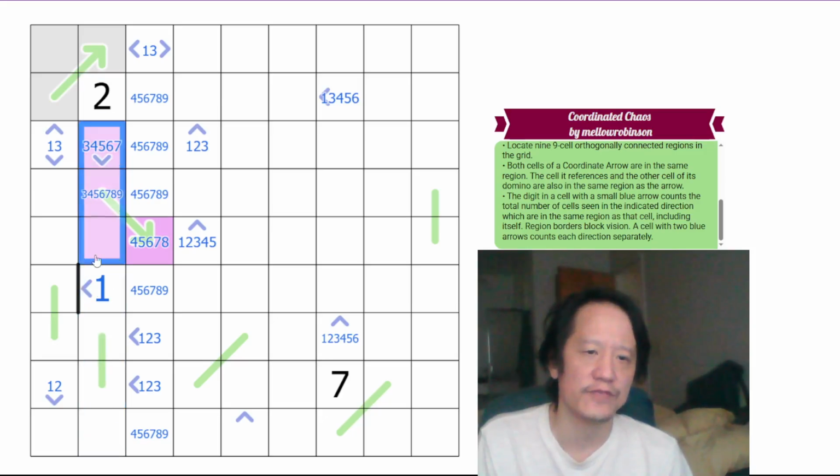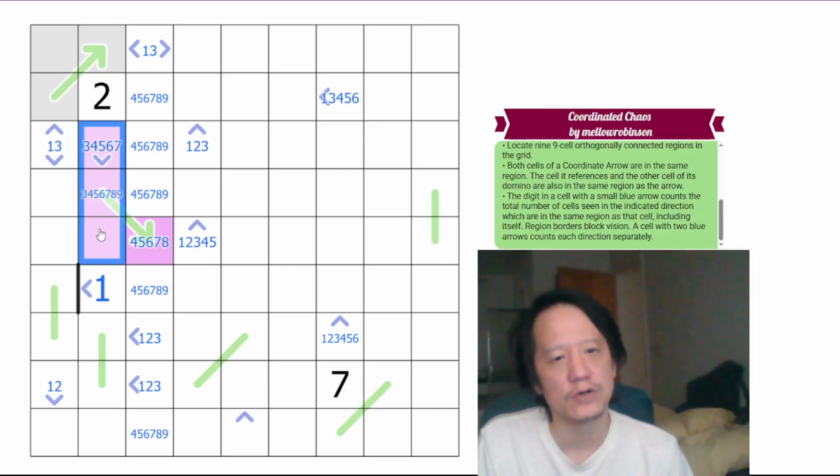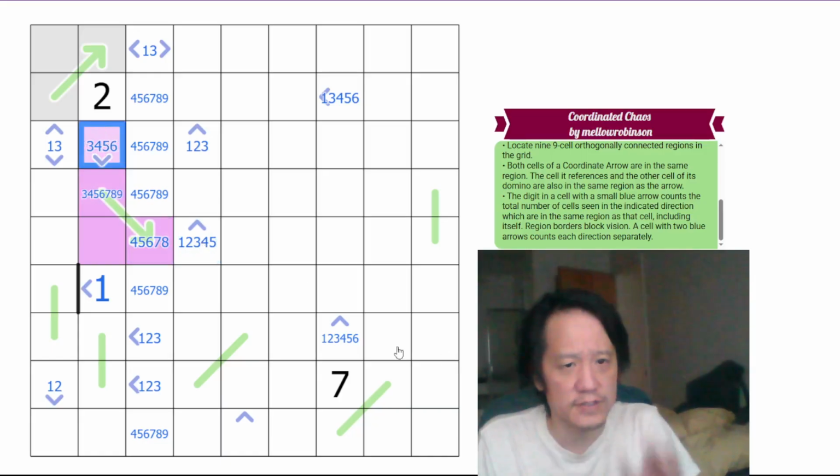If this is 7, the coordinates of this have to be... Well, I guess it can't... It could be 5, 4. No, then that doesn't work. 5, 4 could only be connected to here, right? And these would not add up to the same... Because they are in the same region, they can't add up to the same sum. So this can never be 7.